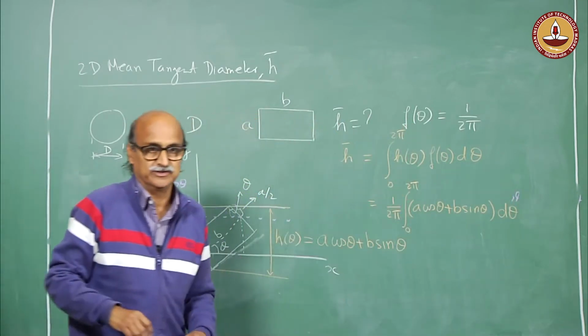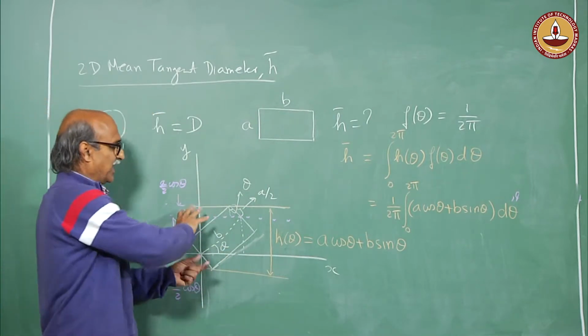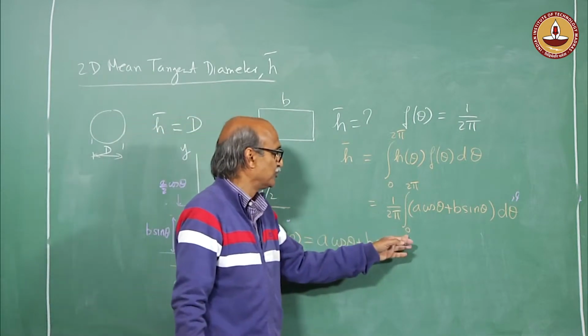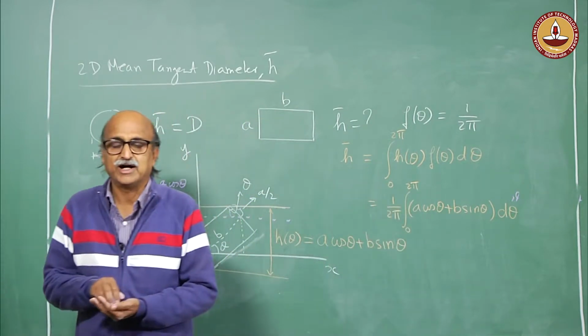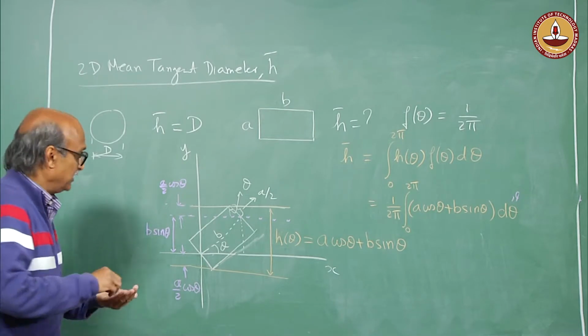I just need to integrate this. Now, also look at the symmetry of the problem. I really do not need to integrate all the way from 0 to 2 pi. I just need to integrate from 0 to pi by 2.